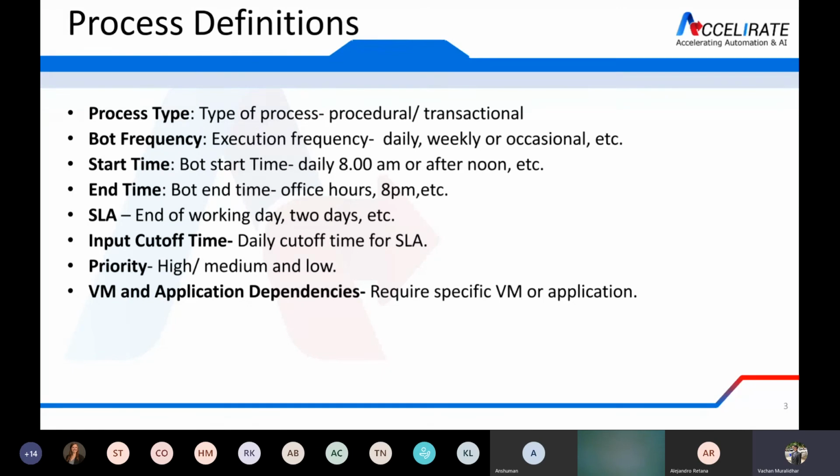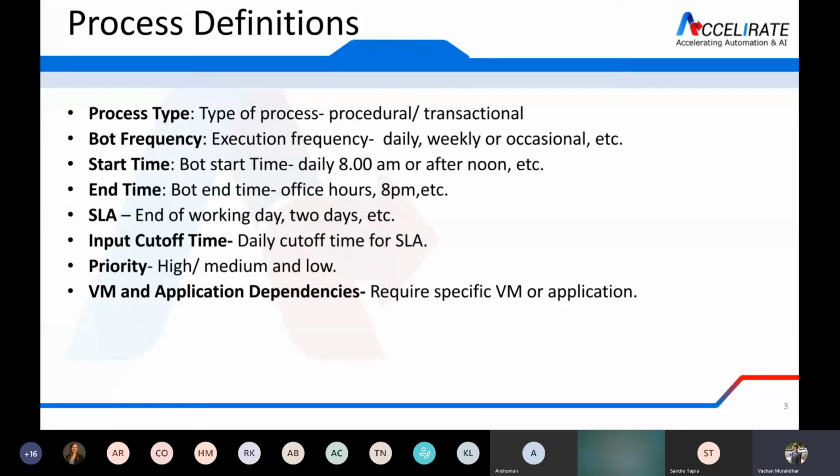Start time and end time of a bot are more related to when that particular bot can start. These are configured within the orchestrator, so the bots trigger automatically based on the bot start time and end time. For example, we set the bot start time in the orchestrator to 8 a.m. or afternoon, based on the business requirements and application dependencies.